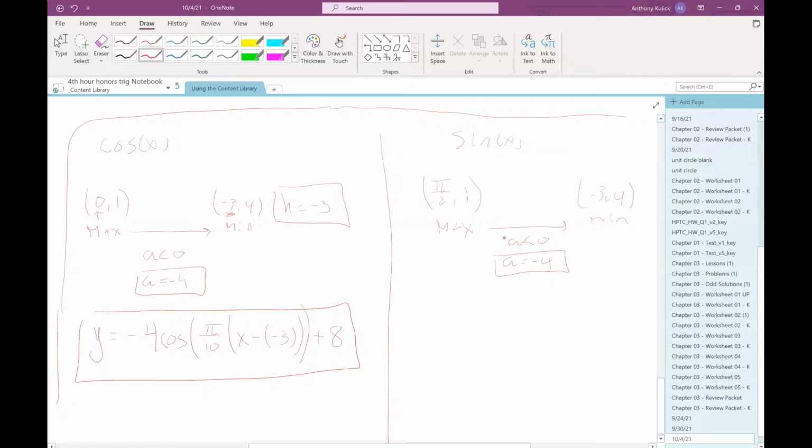And then to find the H, I need to do C times x from the parent function plus H should equal x from the transformed function. So my C was 10 over pi. The x from the parent function is pi over 2. H is what we're looking for and has to equal -3, which is the x coordinate for my transformed function. So the pi's cancel and I'm left with 5.